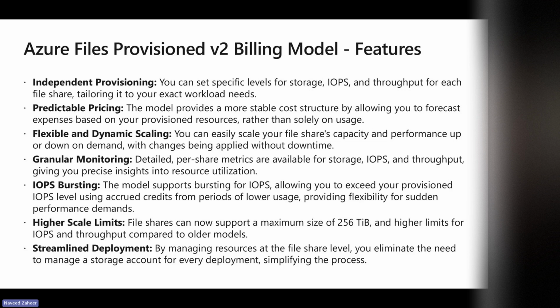You know what your price is going to be, instead of it being high because you were using high IOPS at that time, and then low, all of that. You can monitor it. And the big thing is, it gives you IOPS bursting. This is one of the key items that we want to talk about here.